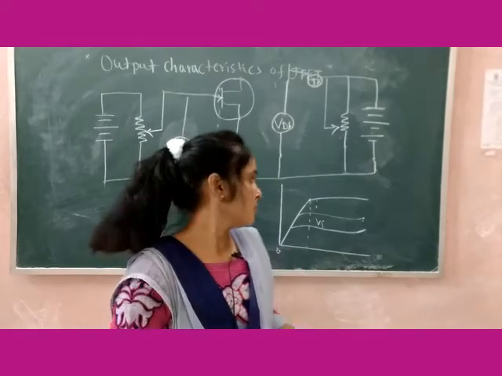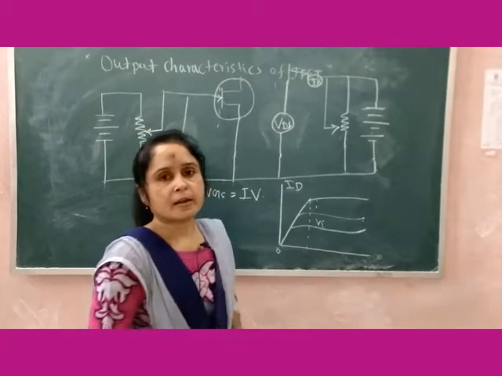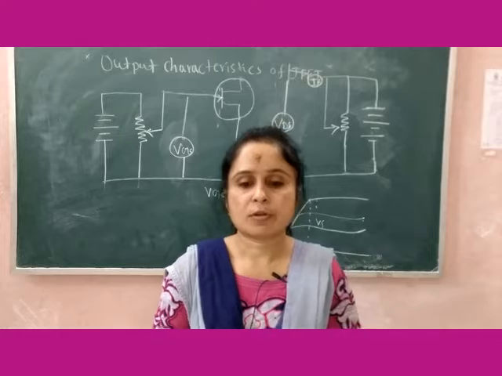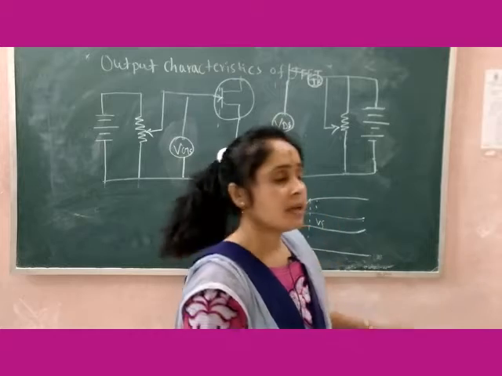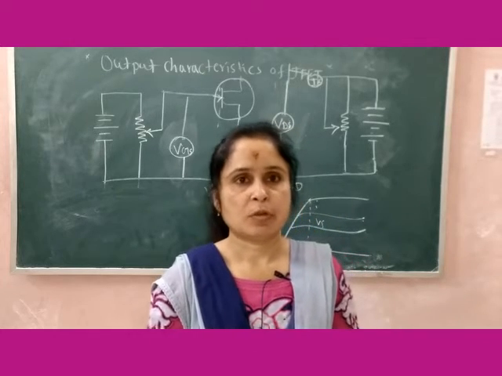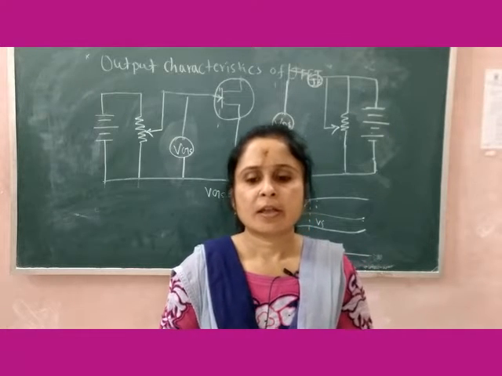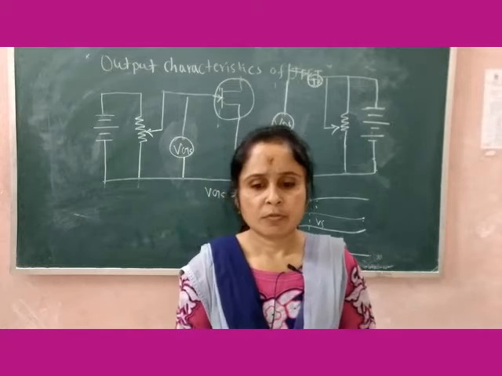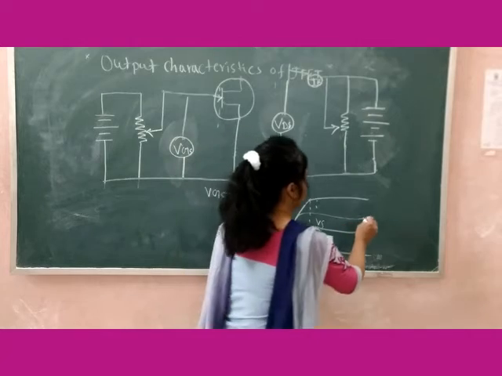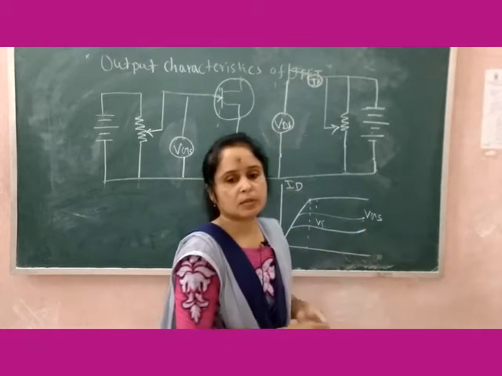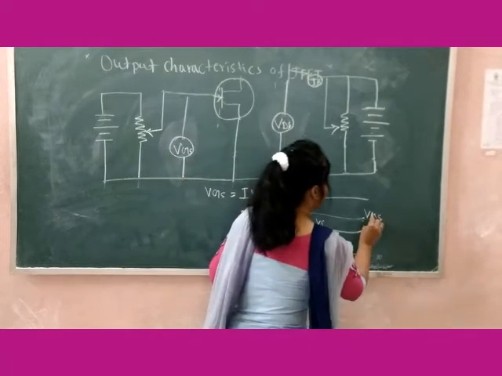In these ID currents we produce the drain characteristic, the output current and output voltage. First we study the drain current ID. When the drain current ID rises, it is rapidly converted in the form of voltage VGS, and converted into VDS form.